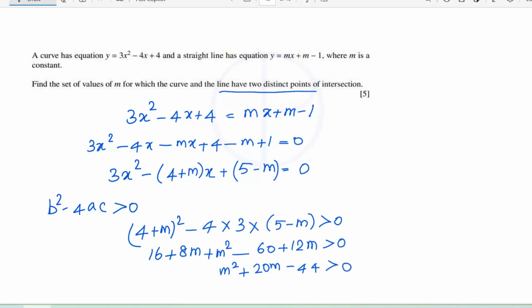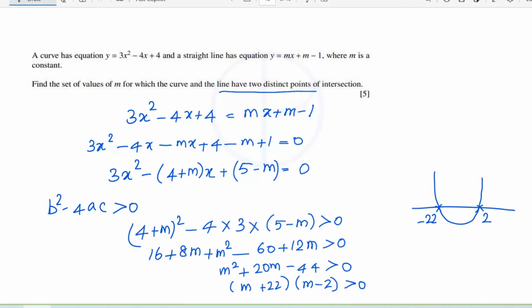If you factorize this one, it gives m plus 22 multiplied by m minus 2 is greater than 0. So the critical values are negative 22 and positive 2. What we require is b squared minus 4ac is greater than 0.